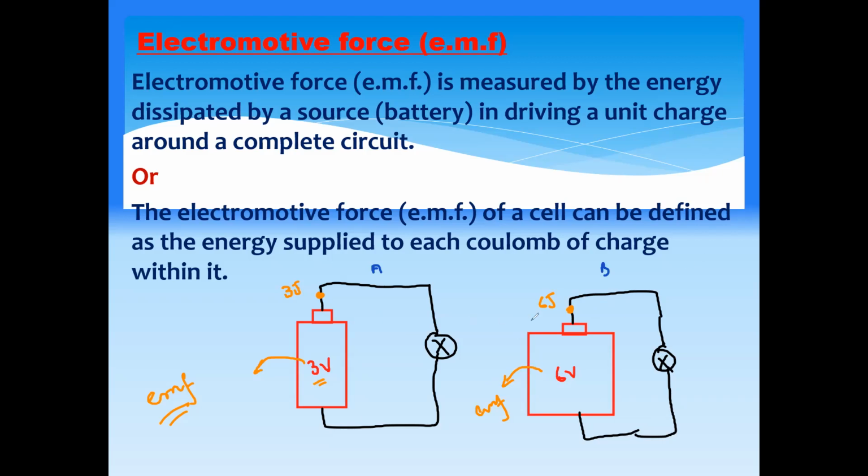In which circuit will more energy be supplied to the lamp, A or B? Because in B the charge has more energy, the lamp will be brighter in circuit B, and in circuit A the lamp will be dim.